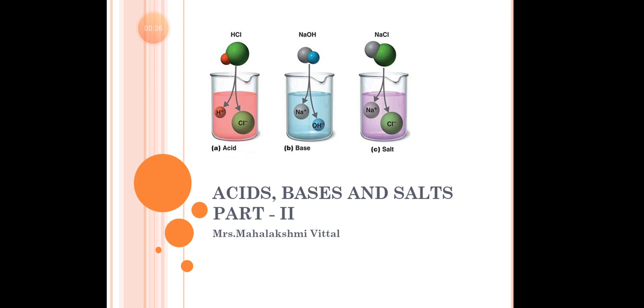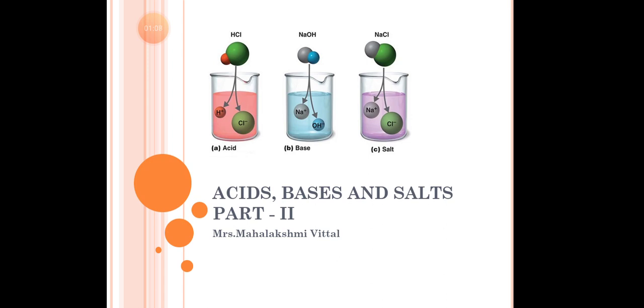Before we go towards salts, let me first tell you about the universal indicator which we were discussing in our previous class. What is this universal indicator? We know that by using various indicators like blue litmus paper, phenolphthalein or methyl orange, we can find out whether the given solution is an acid or base.